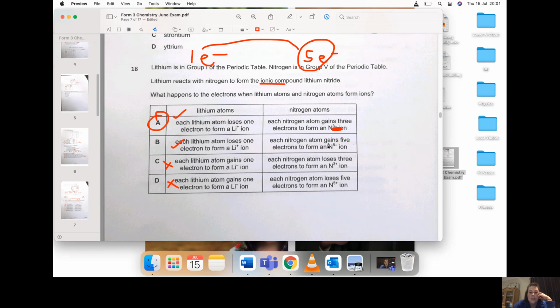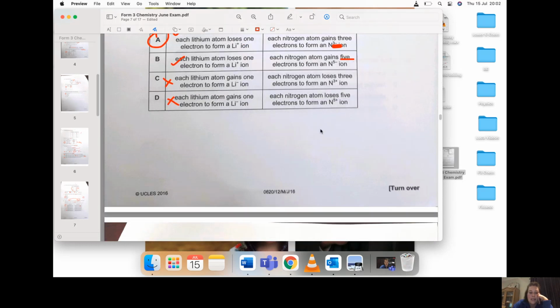Your answer is not B. You don't gain 5 electrons. 5 that it already has, plus another 5 makes 10 electrons. I don't have 10 electrons in my outer shell. I have 8. So I've got 5 electrons, I need another 3 to make it up to 8. So your answer for number 18 is A.